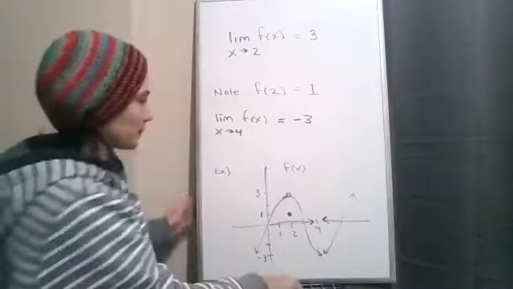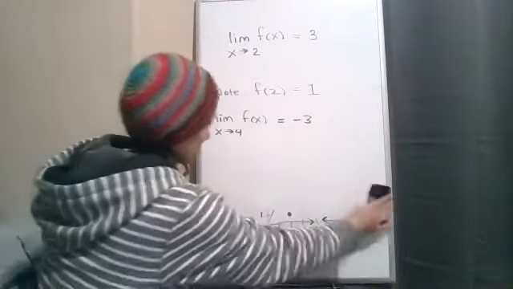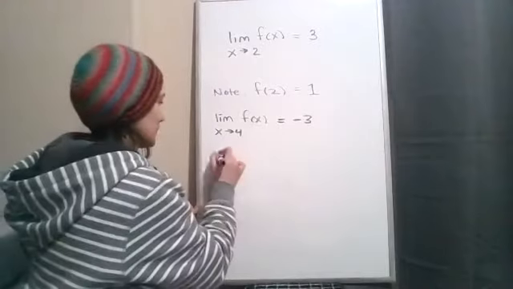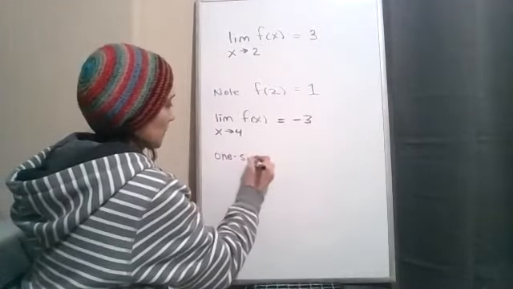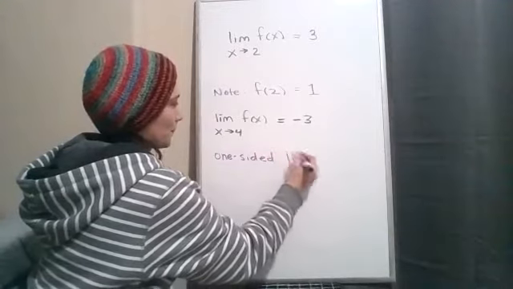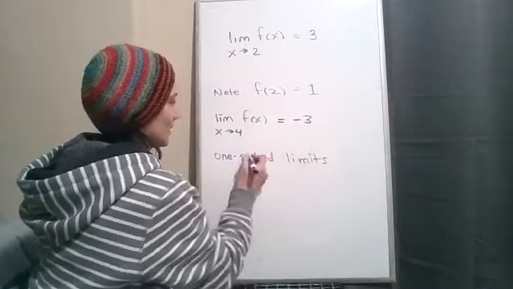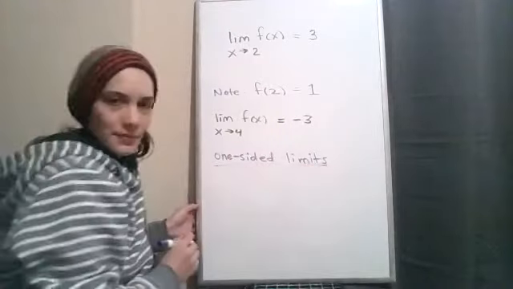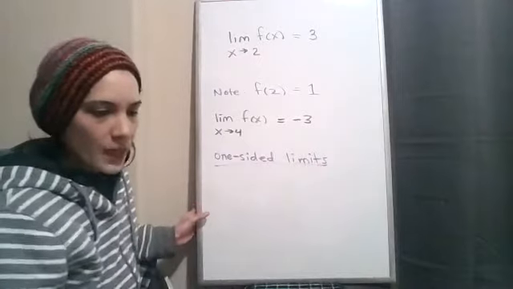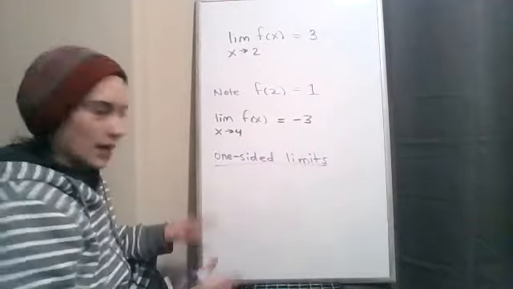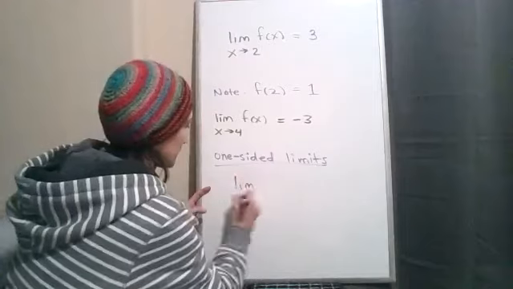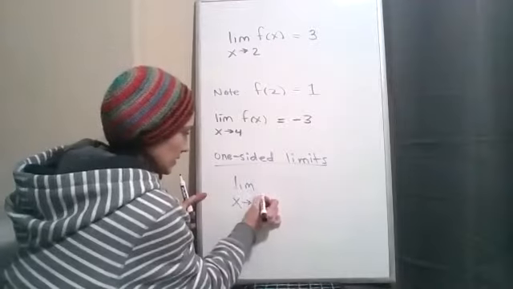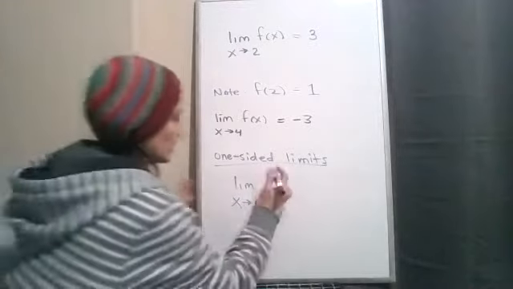One-sided limits. The limit as x goes to a from the left will be written like this, of f of x.